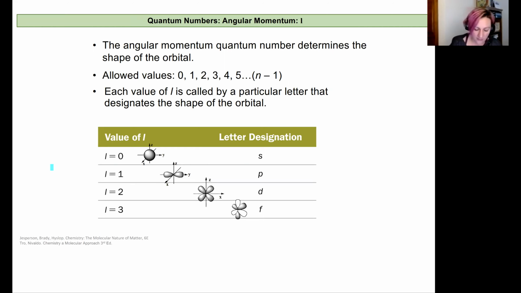And so if you have L equals 0, you have what we call an S designation, and this is the S orbital. For L equals 1, this corresponds to a P shape for an orbital, and we call them P orbitals.